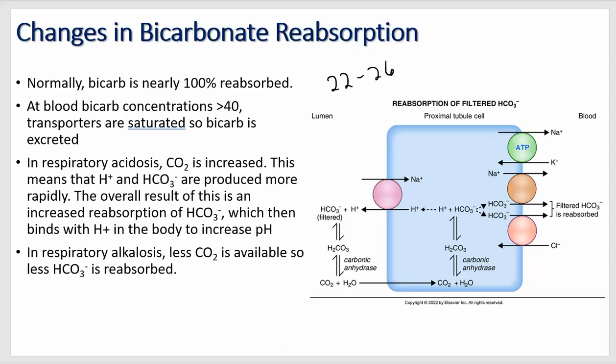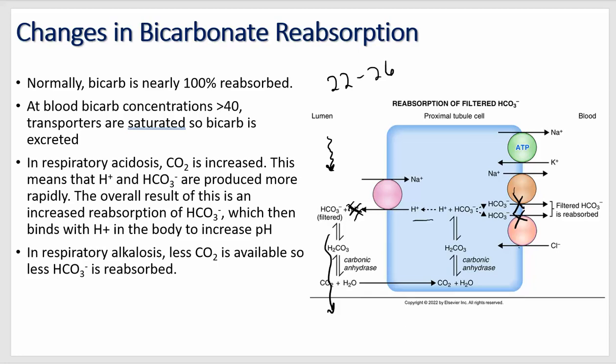At blood bicarbonate concentrations greater than 40, the transporters are saturated, so bicarb is excreted. So these processes of pulling the bicarb back in stop, and any bicarbonate that was in the filtrate will go through and be lost in urine.